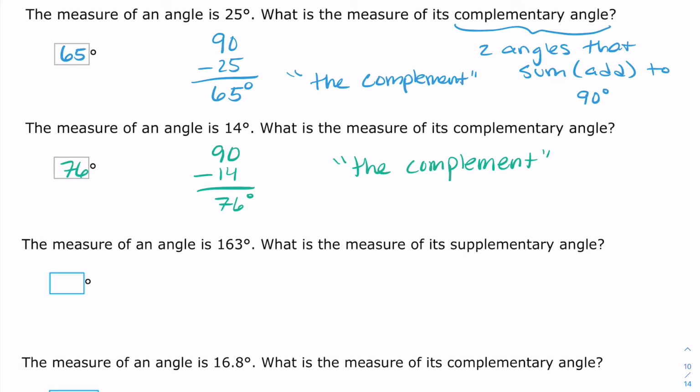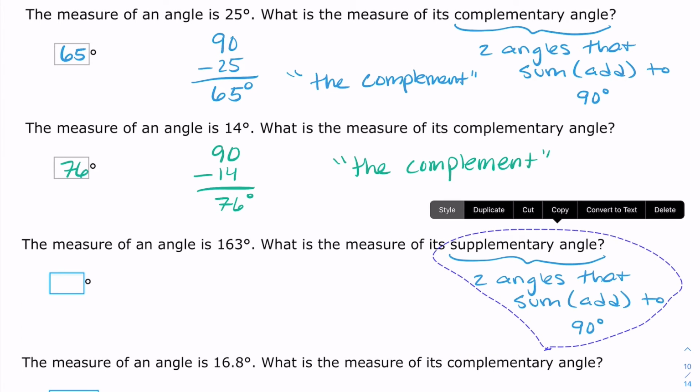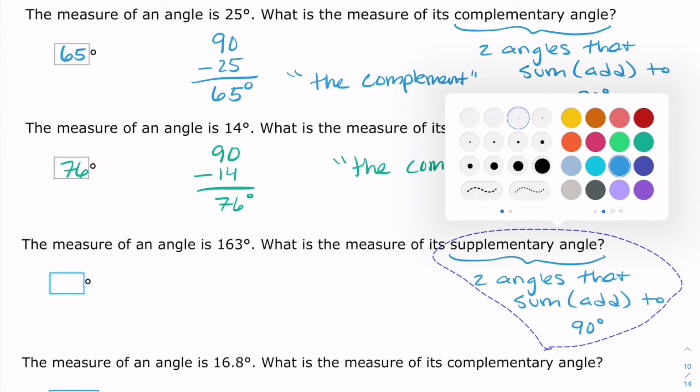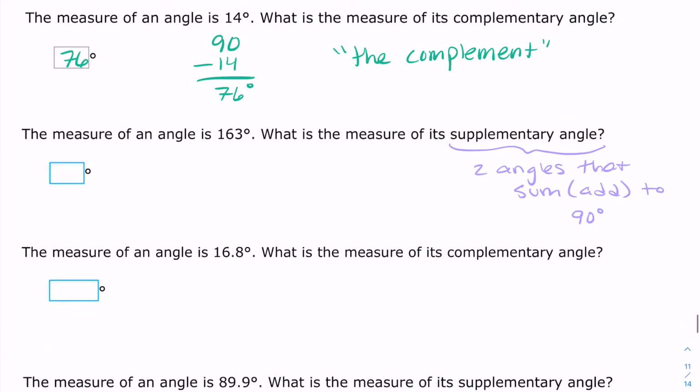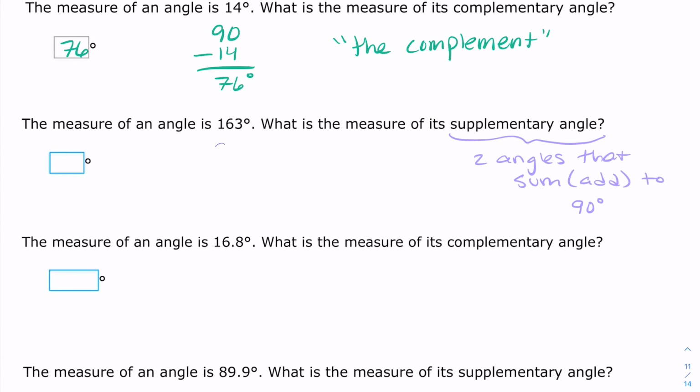So that means two angles, not that they add to 90, but instead that they add up to 180. So I'm going to do 180, take away 163, leaves me with 17 degrees. So the answer to this one is 17 degrees.